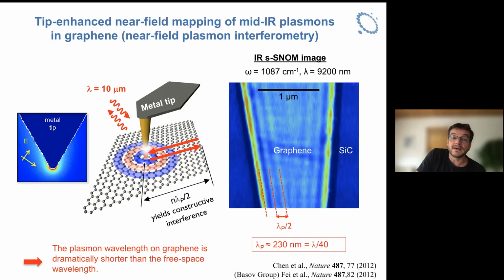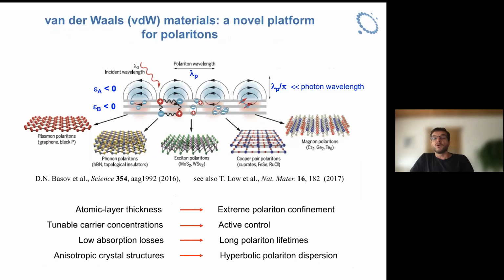However, there are not only graphene plasmons, there are many more polaritons in 2D materials, and I show here a figure from Dimitri Basov's Science review paper, which I like very much because it summarizes all that is going on here. It shows again the 2D material, where we require a negative permittivity in the 2D material embedded in a dielectric environment.